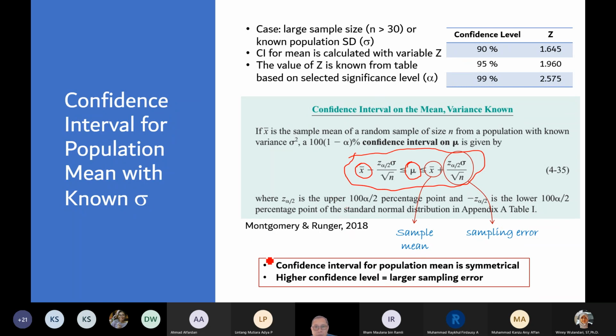So what we do is we calculate population mean. Please forgive my handwriting, okay? So what we do here again is we calculate population mean based on sample mean, right?